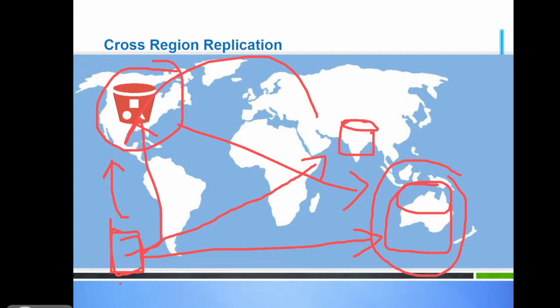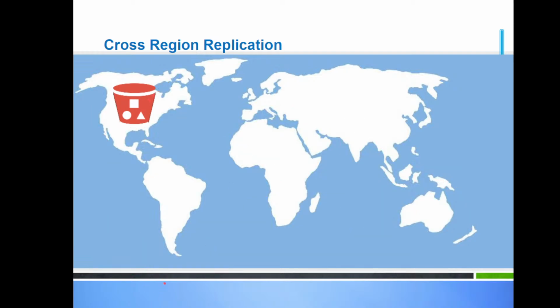Okay, this is one use case where you want to replicate your data in different buckets, to increase the user experience in different regions. Second, some companies want to take a backup of this bucket.